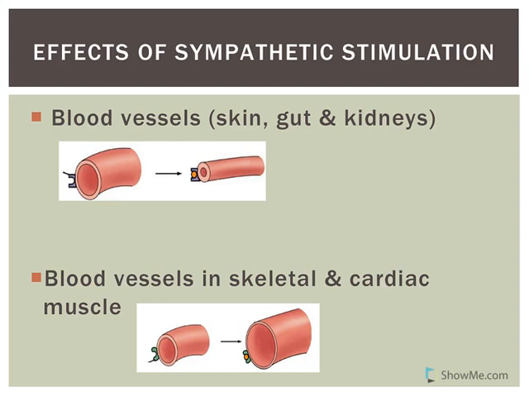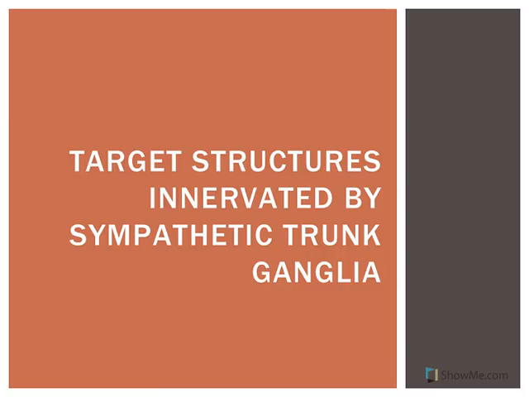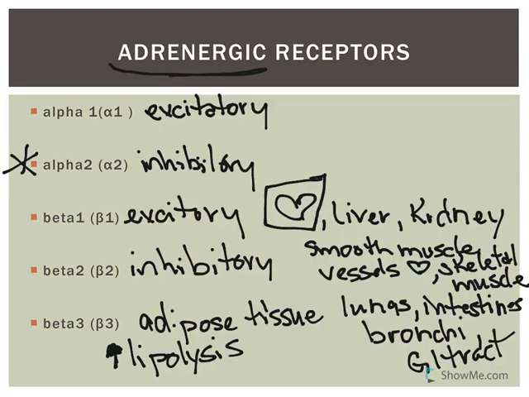If the blood vessels are in the skin, the gut, or the kidneys, these have alpha-1 adrenergic receptors, and this is the only time I'm going to write it out. Remember, if you go back to the previous couple slides, so let's go back so you can see where I was writing it in there.